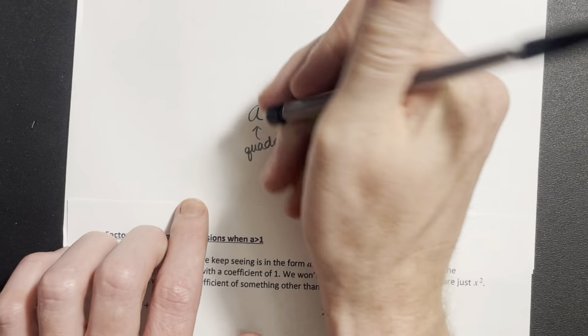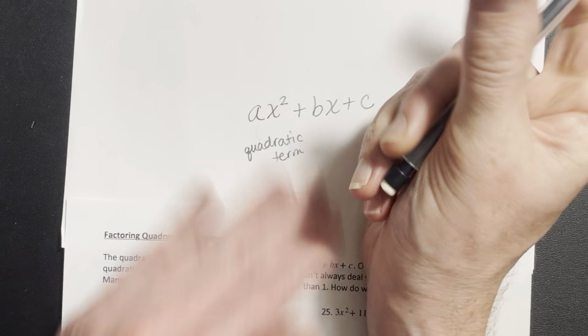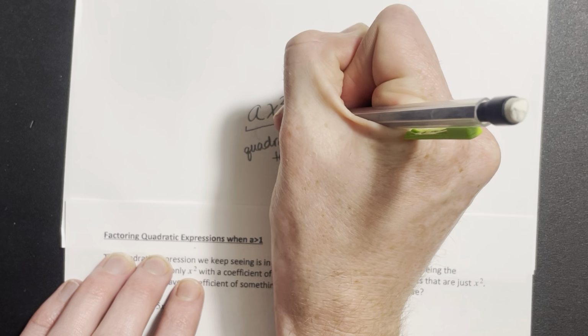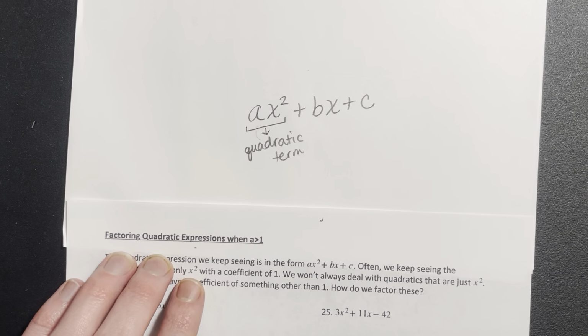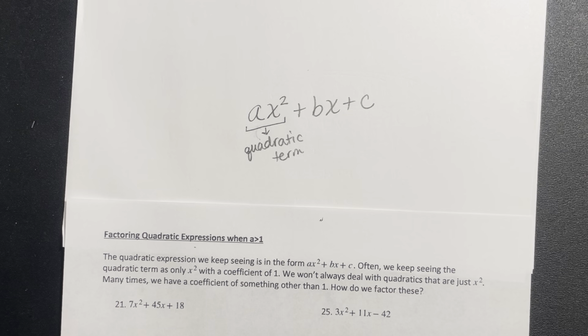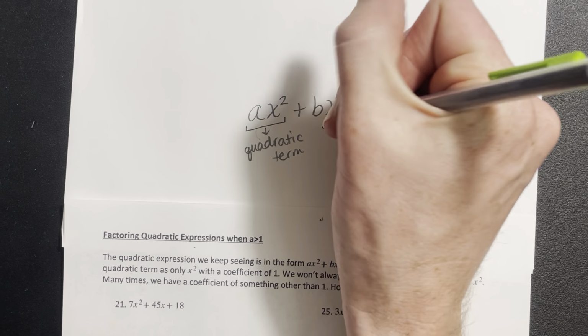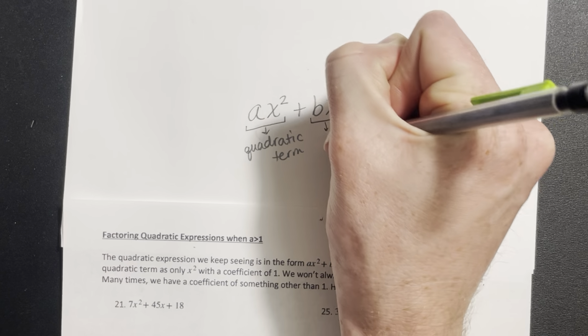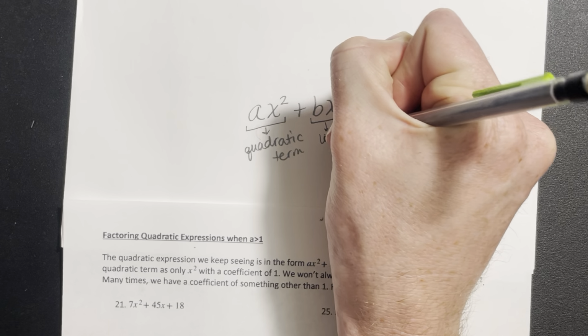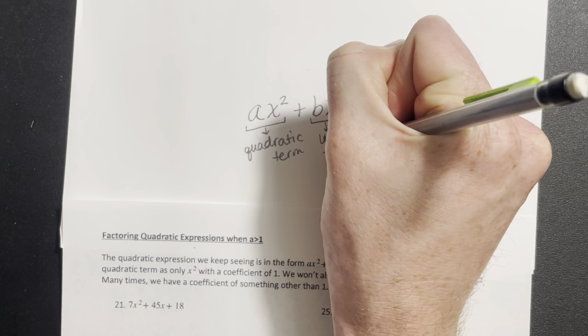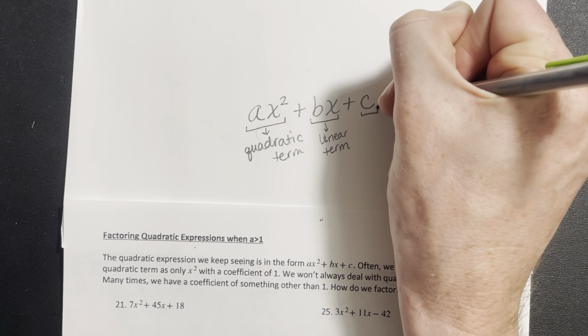Really, I don't want to point just to the a because someone's going to think the a is the quadratic term. This whole thing is your quadratic term, and a happens to be the leading coefficient for that. We had a linear term, and our constant term, c.